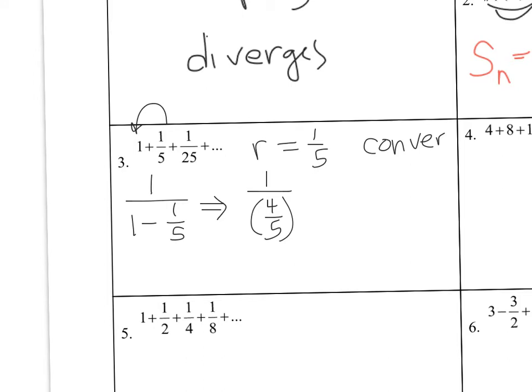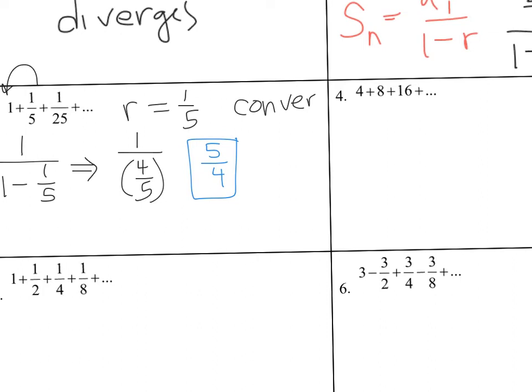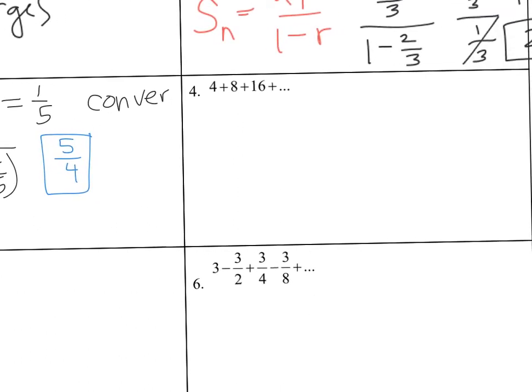And when you divide fractions, you flip this one over. So this is going to be 5/4 to evaluate the series. Okay, number 4. Find the common ratio first to see if it converges or diverges. The common ratio is 2, so this diverges. So you can't calculate the sum.